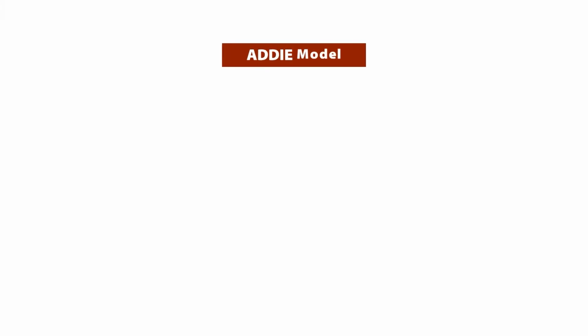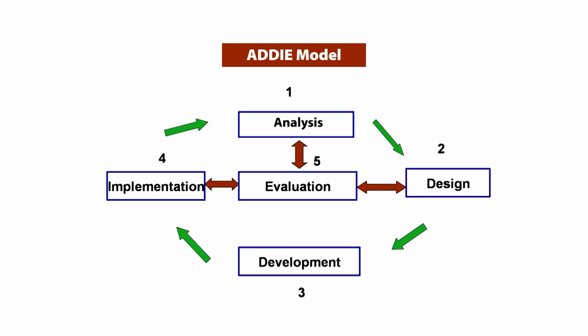The first is the ADDIE model, which has 5 stages. What are the 5 stages? Analysis. Second is design, third is develop, fourth implementation, and the last is the evaluation. This you will be learning more about in the next 5 to 10 minutes in detail.